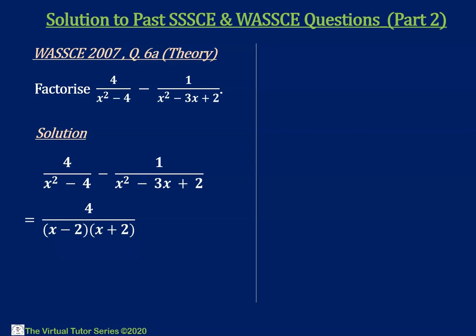The product of 1 and 2 is 2, and two factors of 2, which sum up to negative 3, are negative 2 and negative 1.